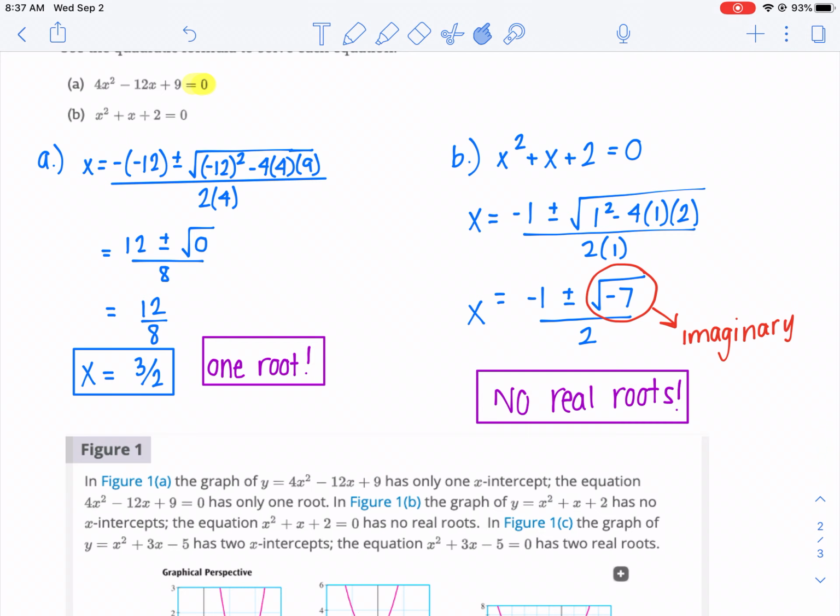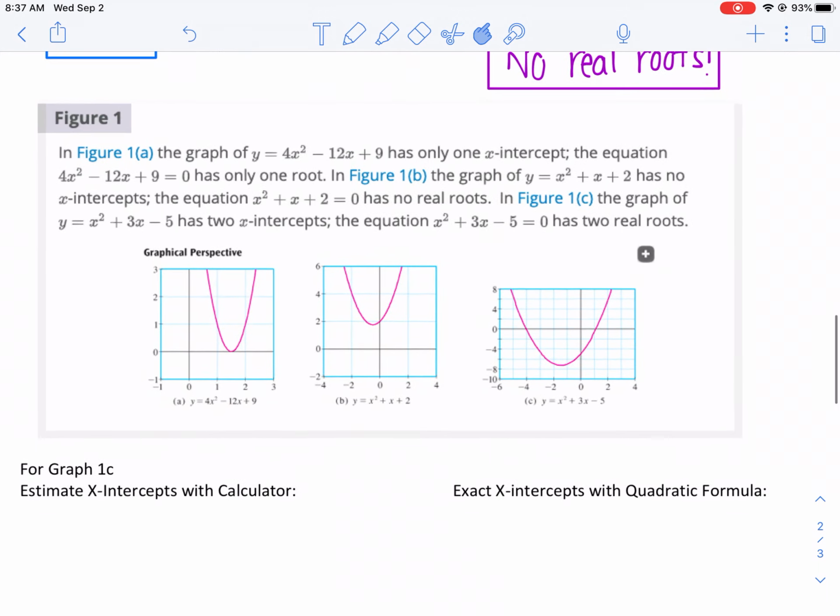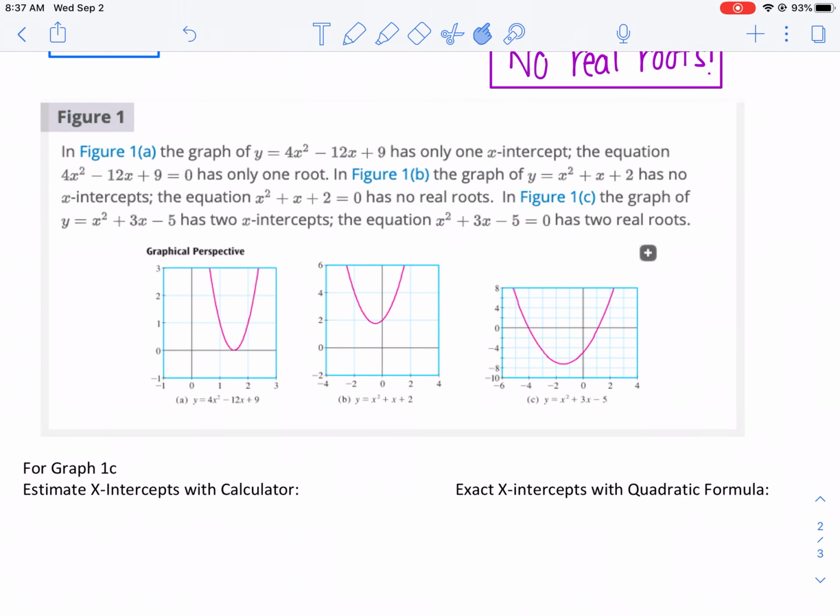Let me show you what that is visually. So here, graph A has 1 x-intercept, 1 root. This point right here. Figure B has no x-intercepts, no real roots, because look at it, never crosses this line.